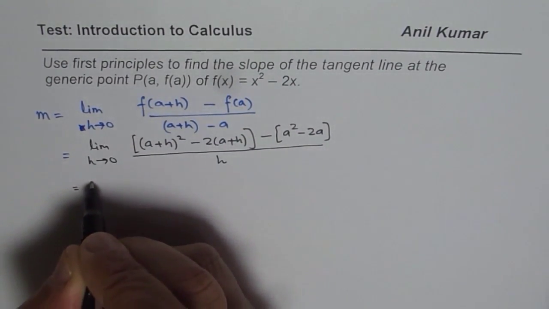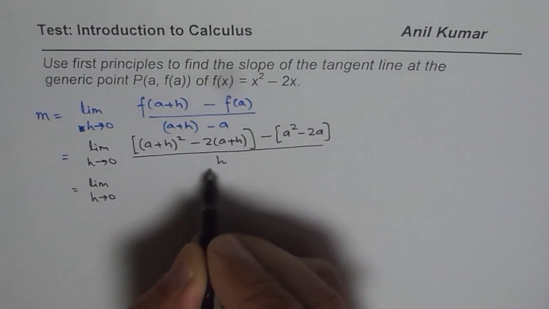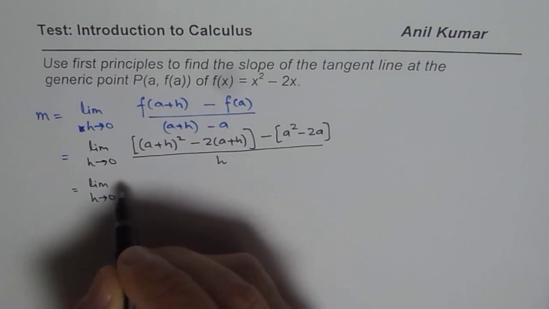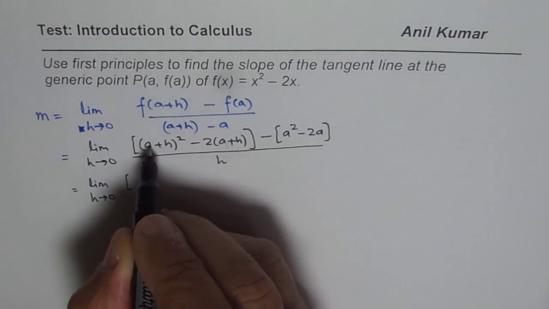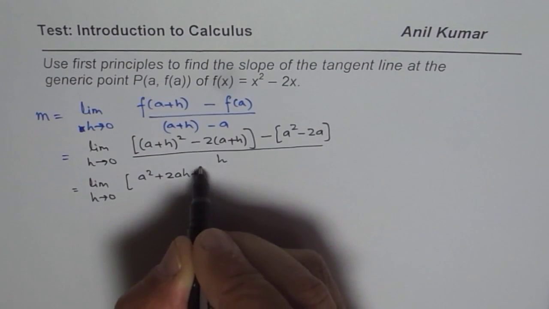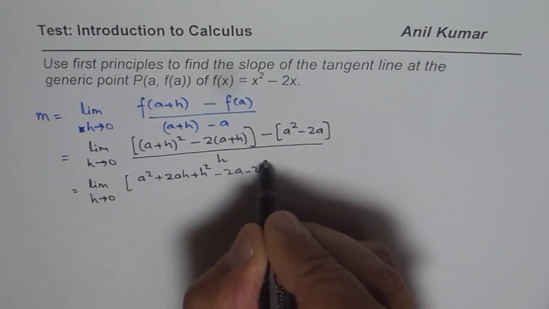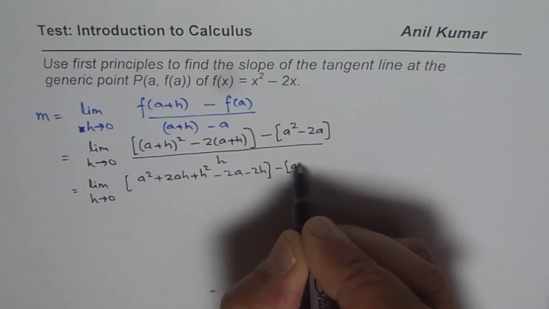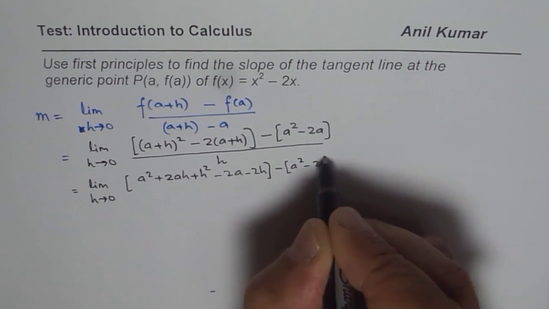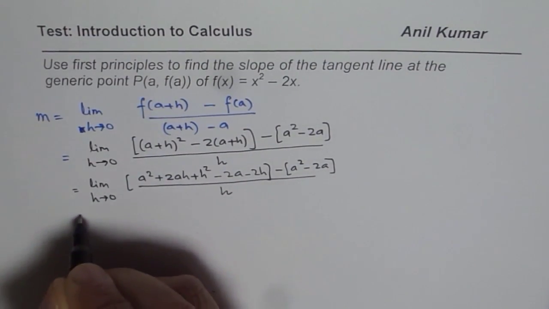So let us expand this. So we get limit h approaches 0, a square plus 2ah plus h square minus 2a minus 2h minus a square minus 2a, right? That is the numerator, and the denominator is h.